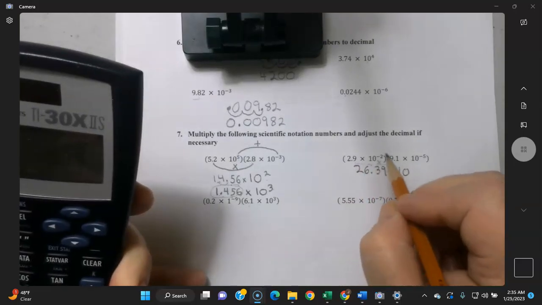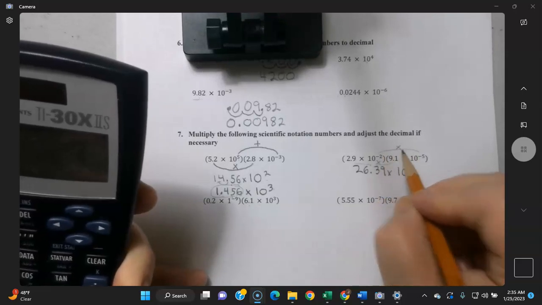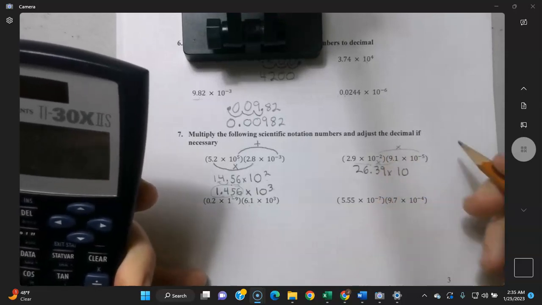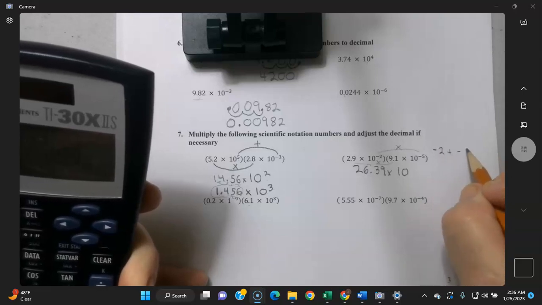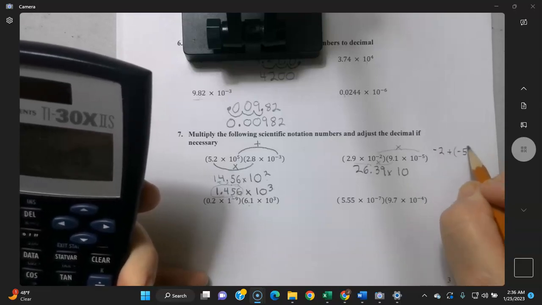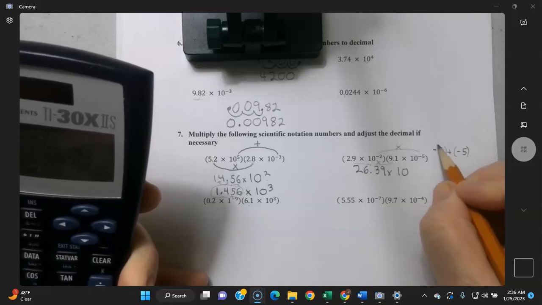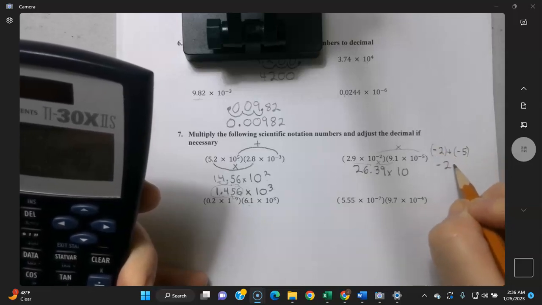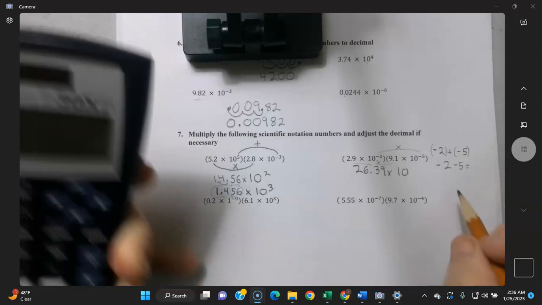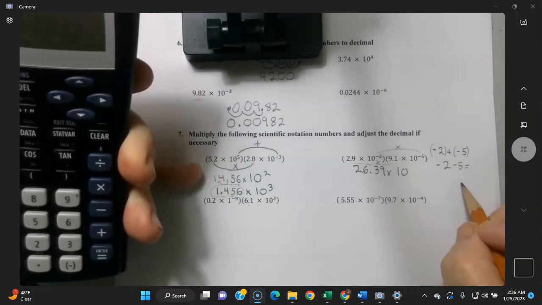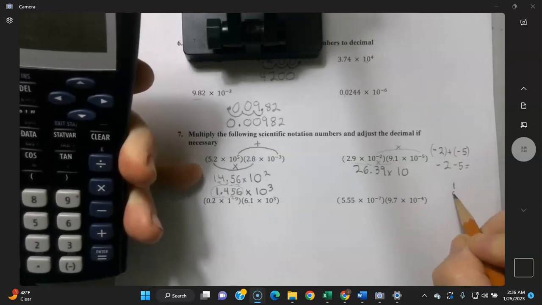That's a times sign. And these two get added. Now be careful. I would write this down. Negative 2 plus negative 5 is equal to negative 2 minus 5. Now, students still get confused with that. So here's the way I look at it. Here's a number line. Here's 0.